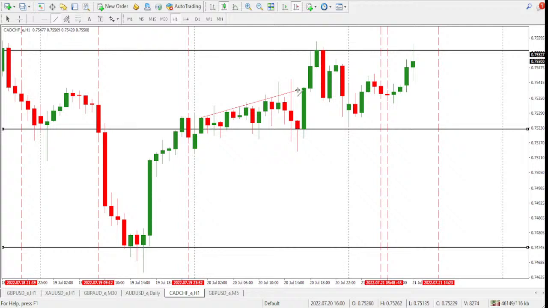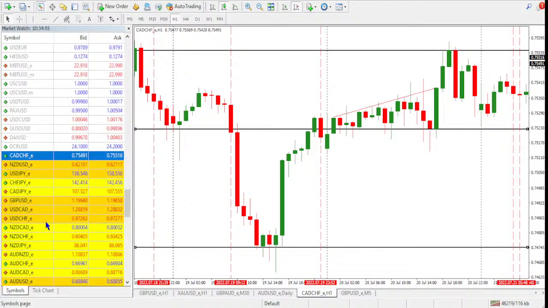We want to wait for some pullback before the price can continue upwards. If the price breaks below this lower line, which is 0.75225, then we're going to look for a sell position. We are expecting the sellers to push price downwards up to this level here.